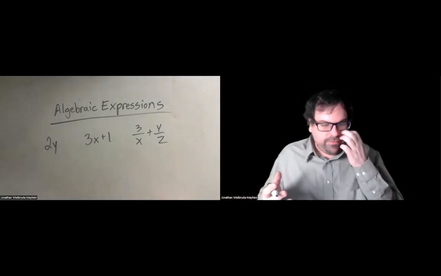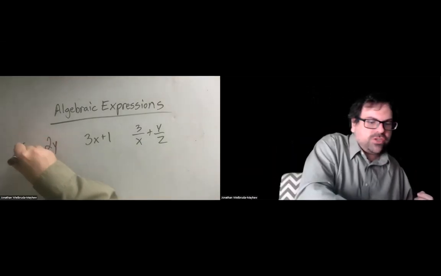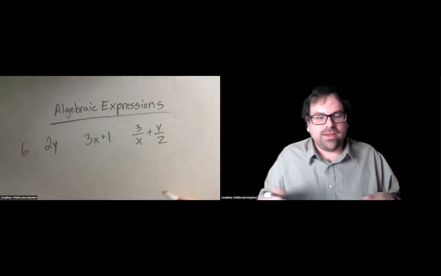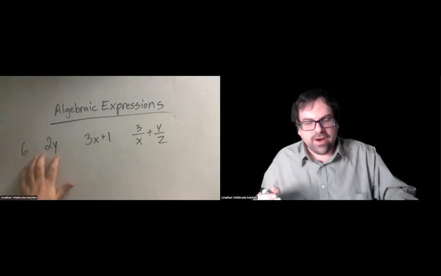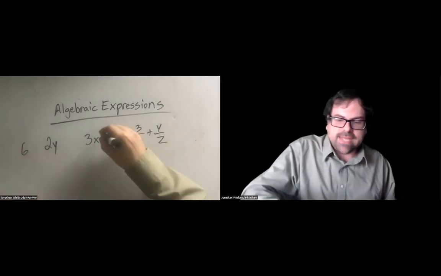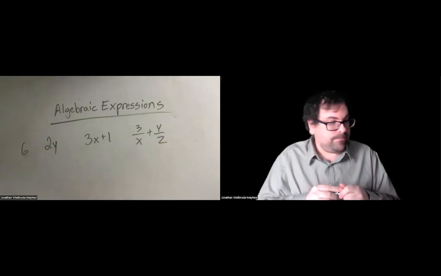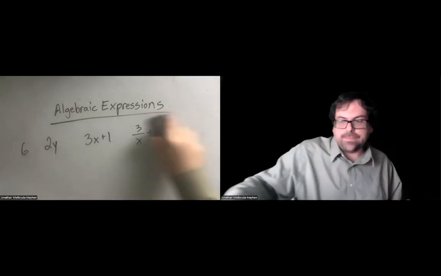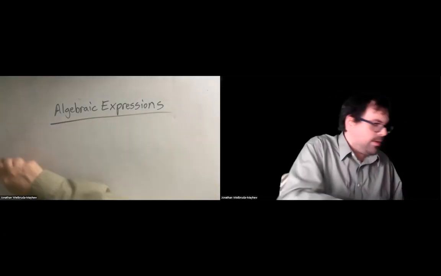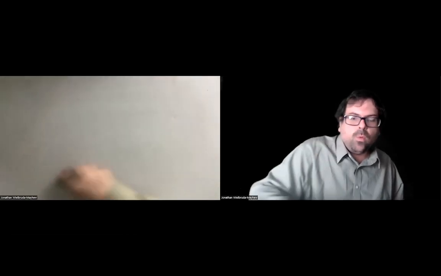They're mixtures of numbers, variables, and signs like plus or minus, times or divided. Even just the number 6 is an algebraic expression. One thing we can do with expressions is, if we are given a value for the variable, we can plug that number into the expression and evaluate it.